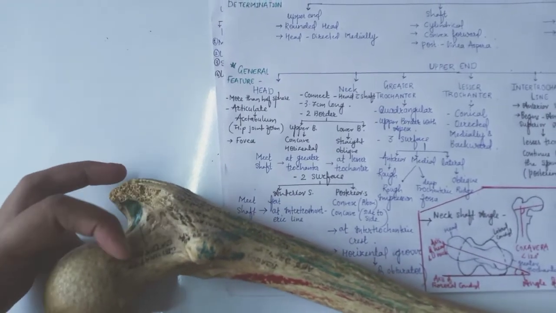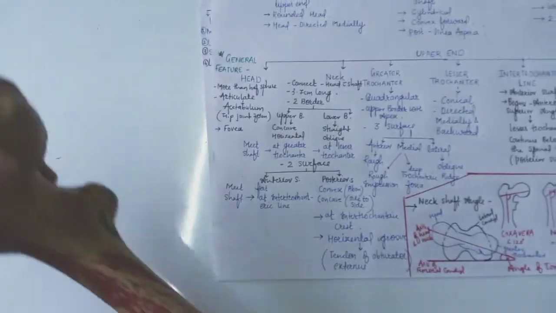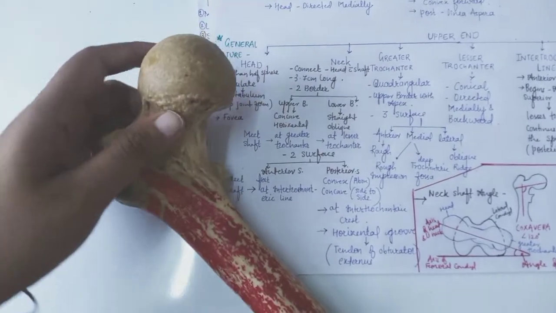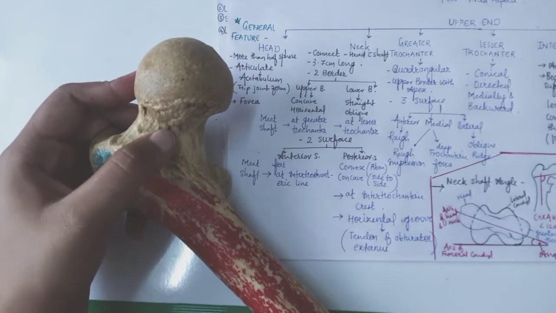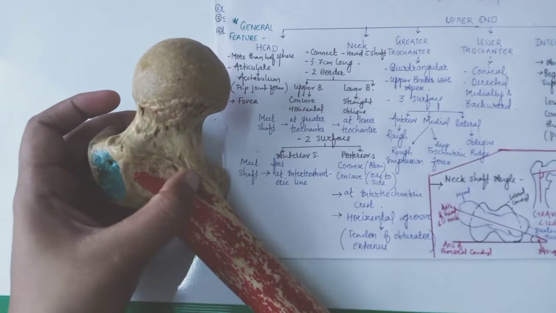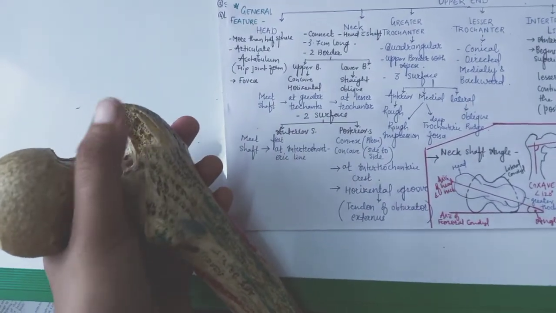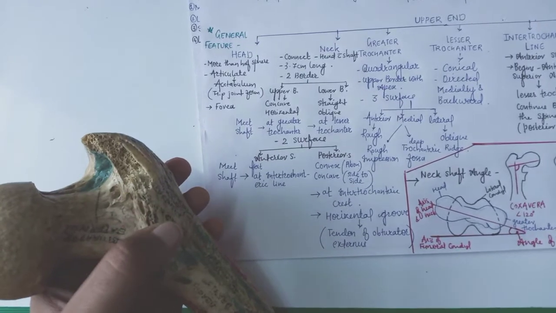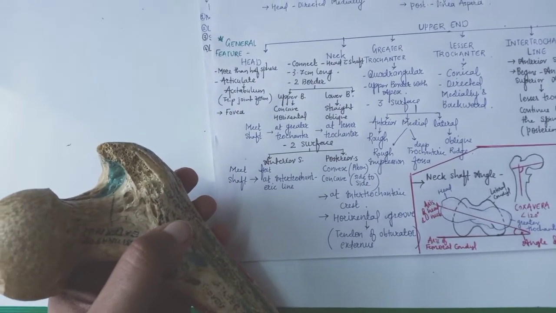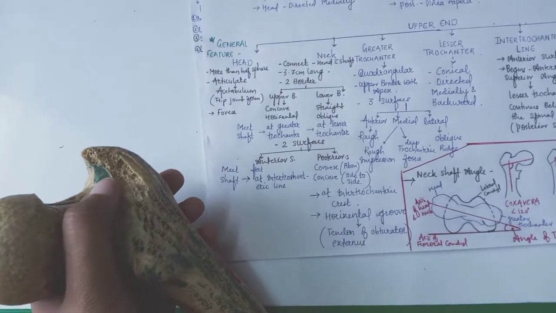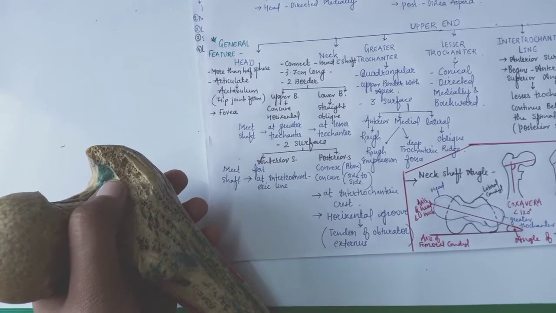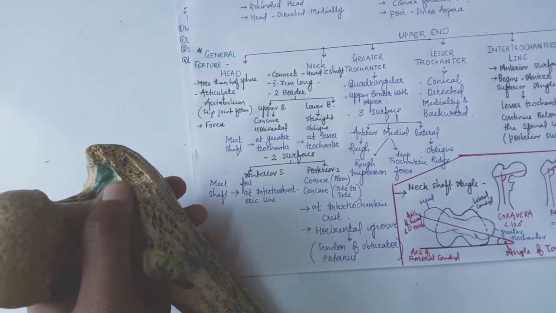The anterior surface meets the shaft at the intertrochanteric line and the posterior surface meets the shaft at the intertrochanteric crest. It has a horizontal groove for the tendon of obturator externus.